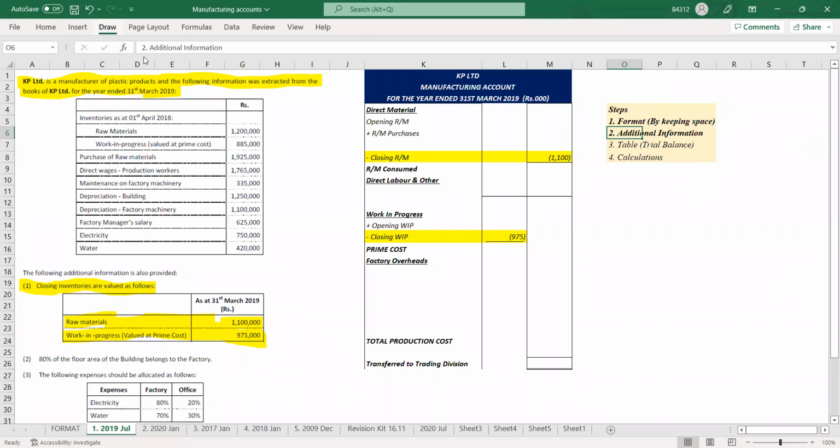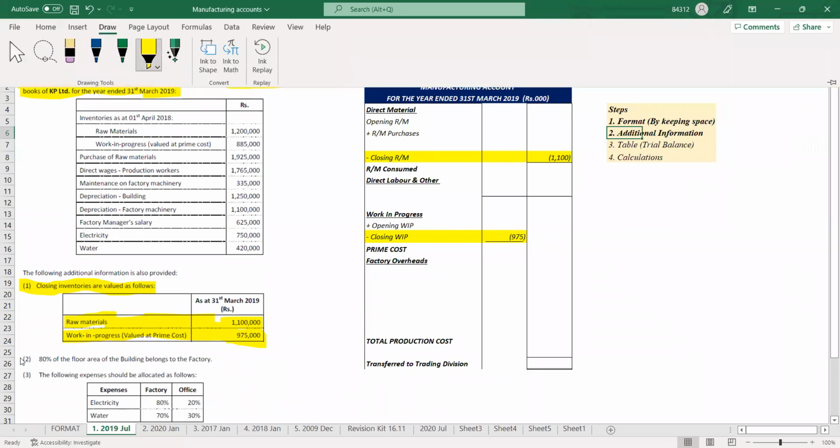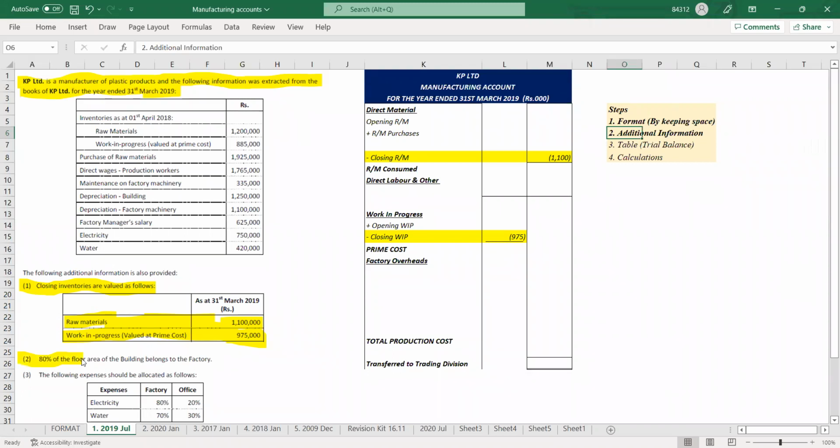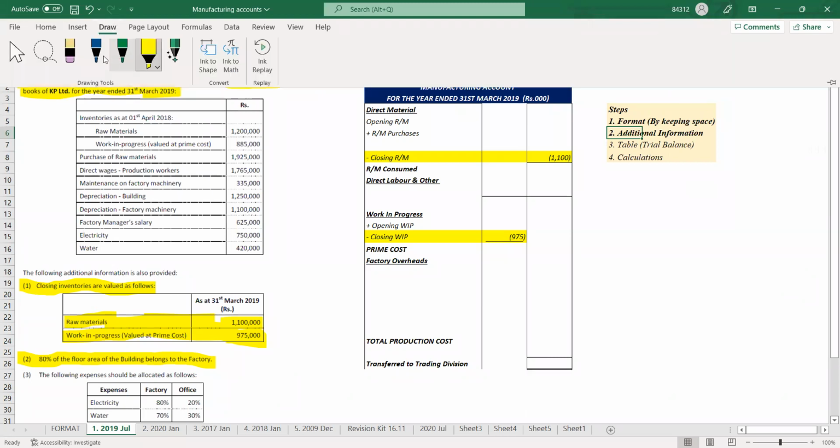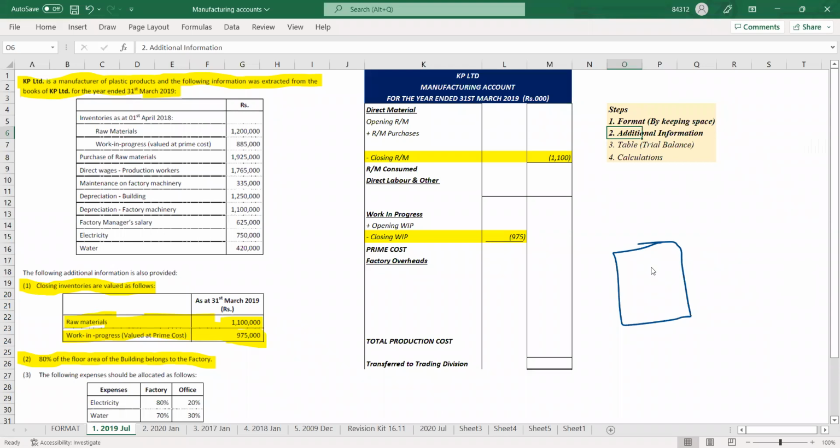Then second additional information, 80% of the floor area of the building belongs to the factory. Now, here you need to understand, normally in a business, there is a factory.